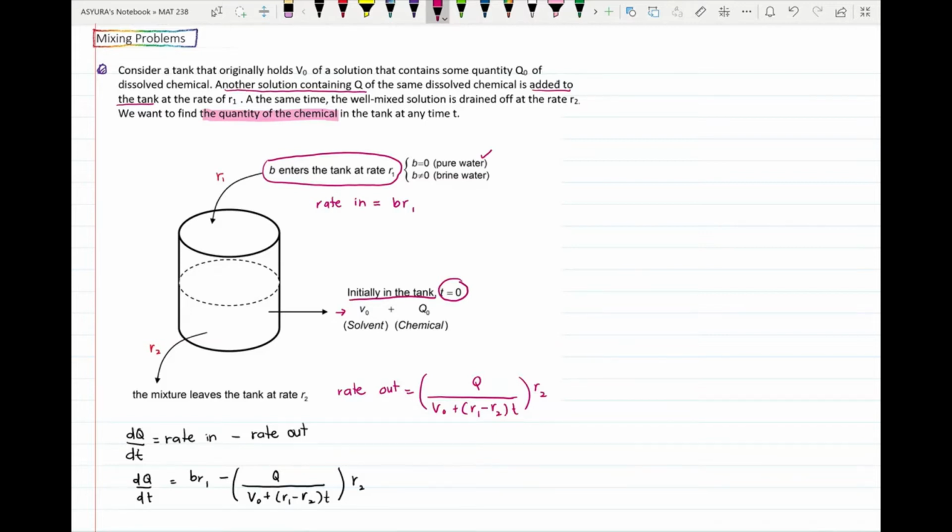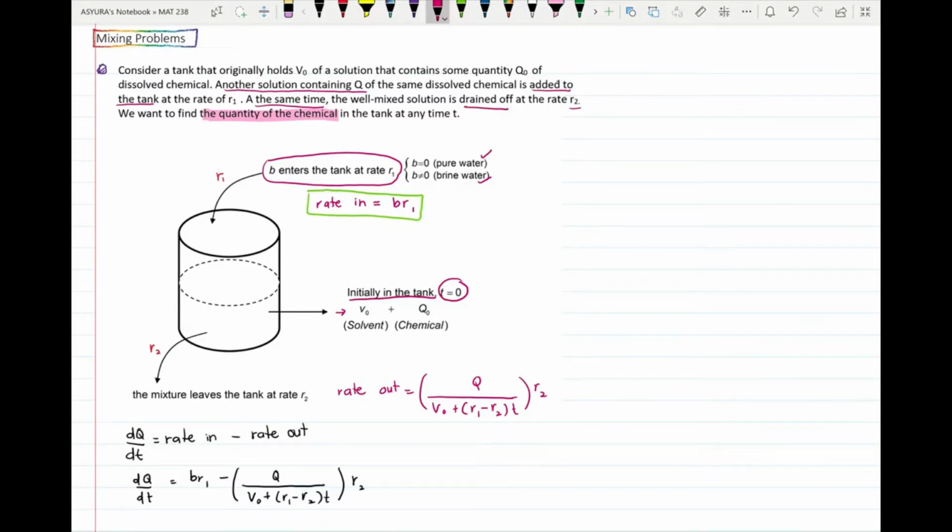But if your B is brine water, meaning chemical dissolved in water, then your B will be another value, not equal to 0. So the formula for rate in is B times R1.